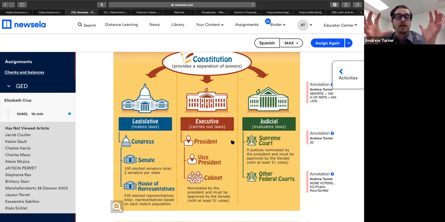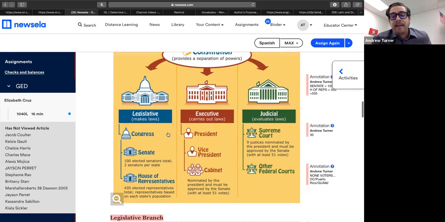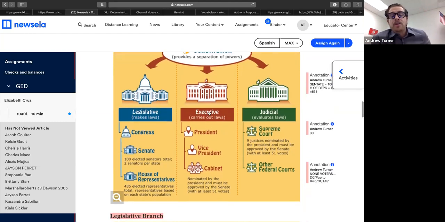So in Congress, there are 535 elected officials. I'm just simply adding the 435 in the House of Reps and the 100 senators, okay? So 535 individuals, men and women from all the states and the District of Columbia.